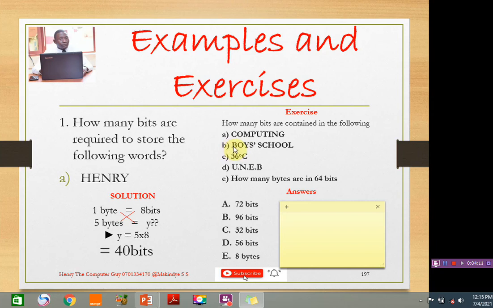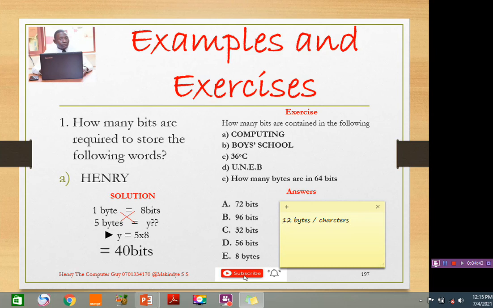So now we count 1, 2, 3, 4, then 5, this apostrophe, 6, the space, 7, 8, 9, 10, 11, and 12. So we have 12 bytes. Are we together? So now all characters, that is what we are having.